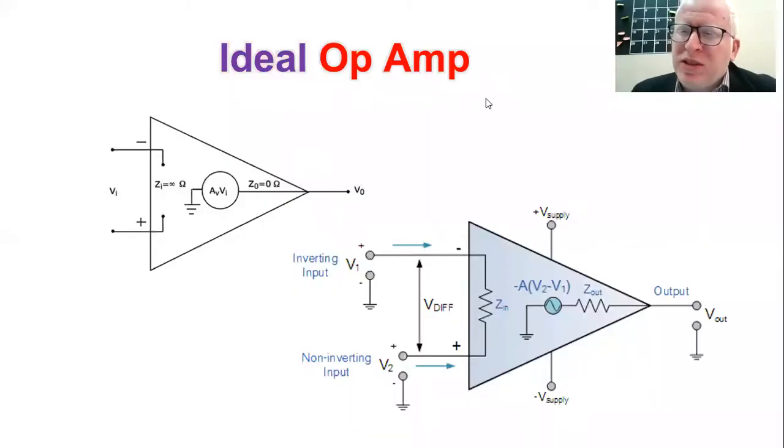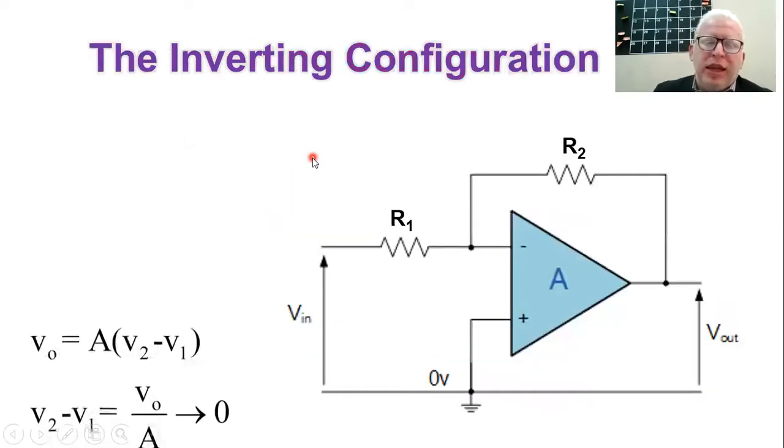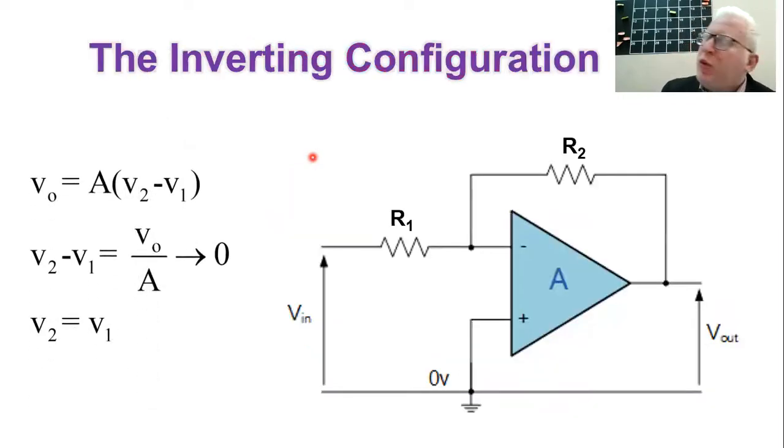So the output resistance is still equal to 0. This is again a fixed assumption. However, now the open loop gain is no longer equal to infinity. If you remember, using the information that the open loop gain equals infinity, we proved that V2 should be equal to V1.